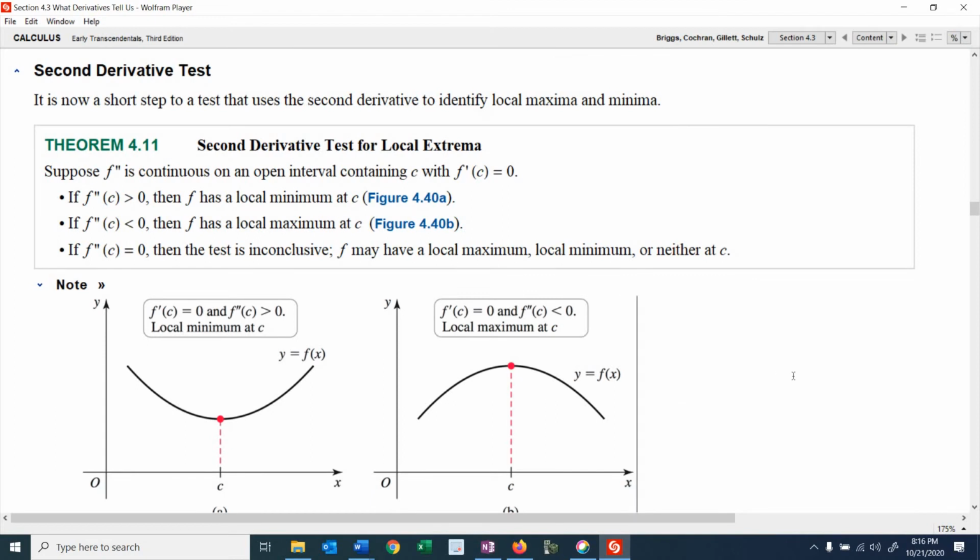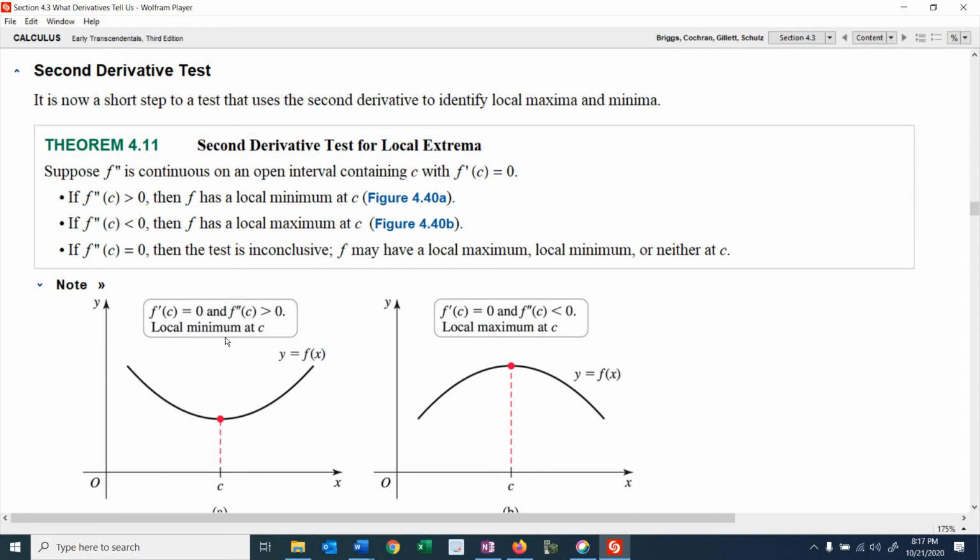Okay, and here's how the second derivative test would classify the critical number. It's going to look at the concavity at c. That's why you plug c, the critical number c, into the second derivative. Now, let's say you plug it into the second derivative and you find out that it's positive. Then that indicates that it's concave up at c, and if it's concave up at the critical number, then it has to look like this.